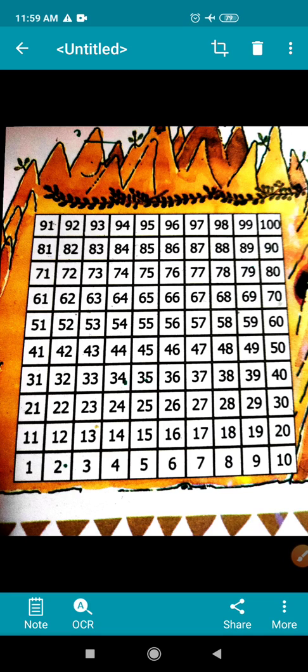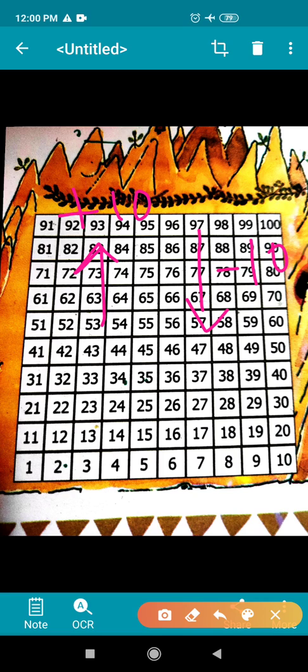For moving up, plus 10. For moving down, minus 10. For moving right, plus 1. For moving left, minus 1. Okay, for 1 step. Right.